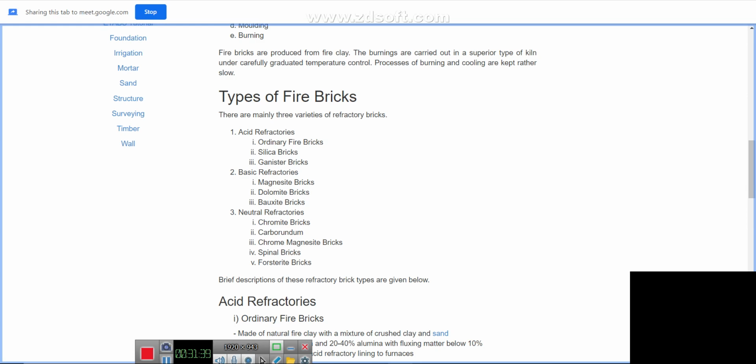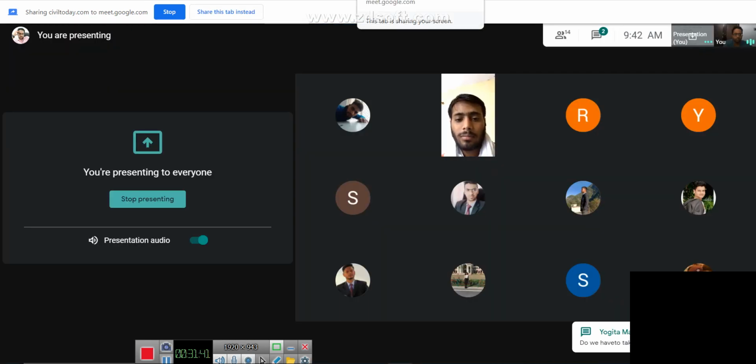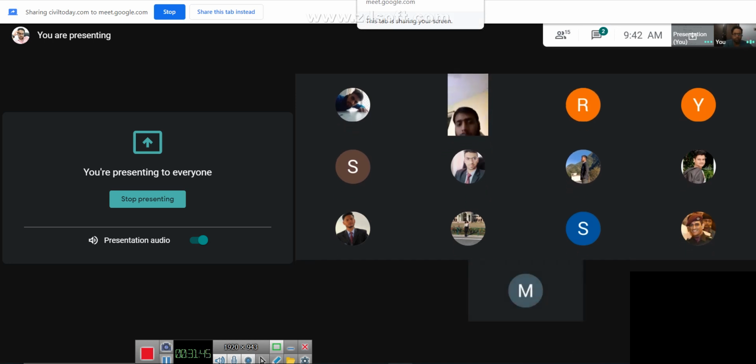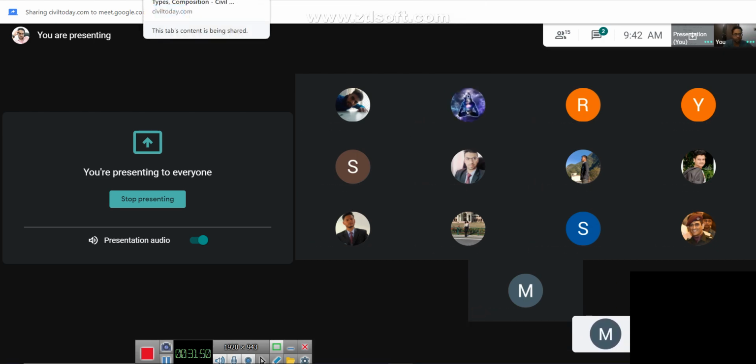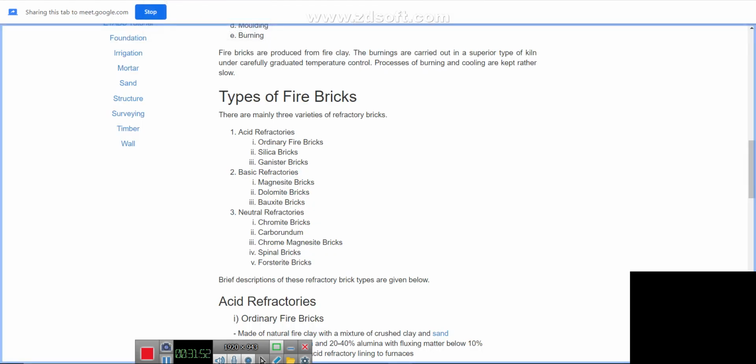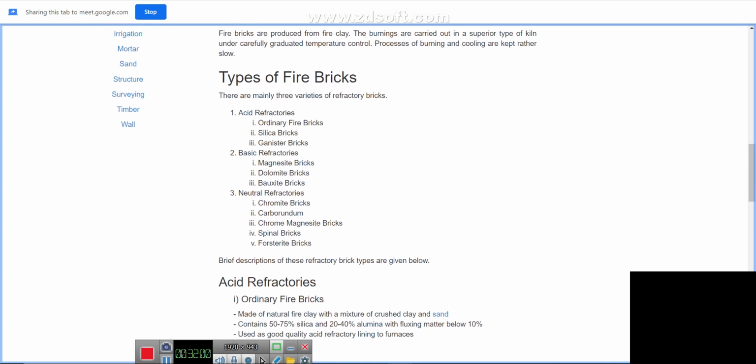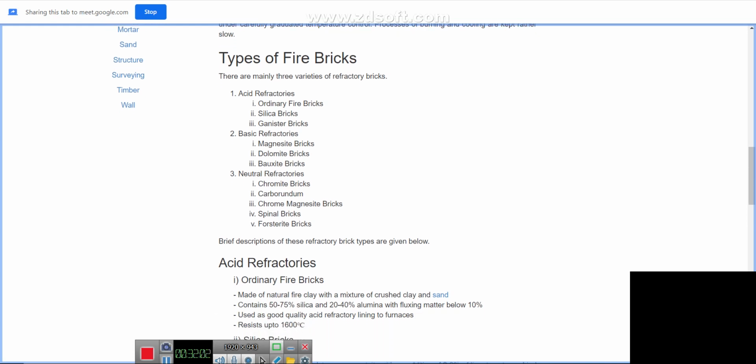It is not that necessary, but you can note it down, that is better. Just note down three examples. Acidic fire brick, silica brick. Basic fire brick, magnesite, dolomite, bauxite.